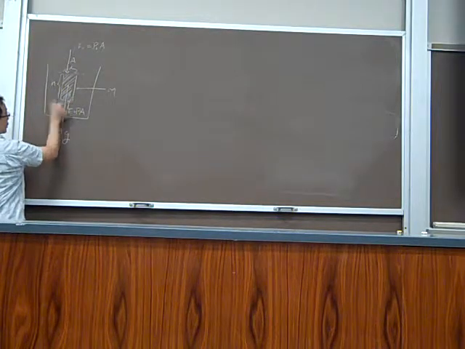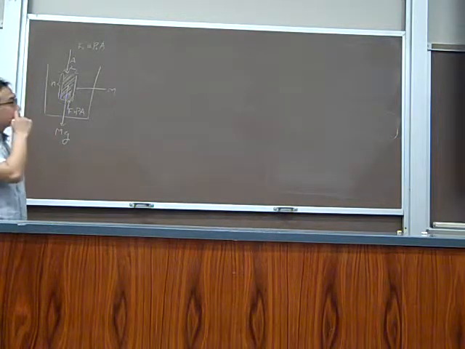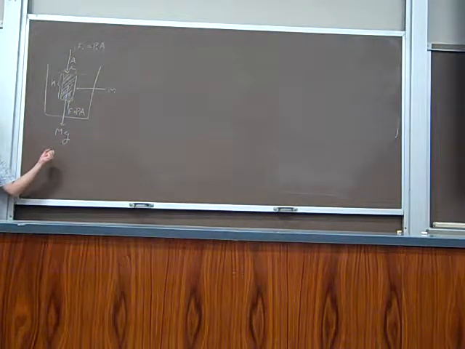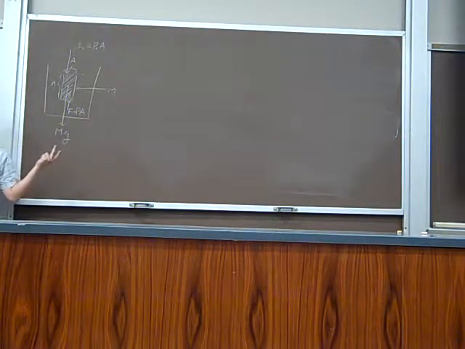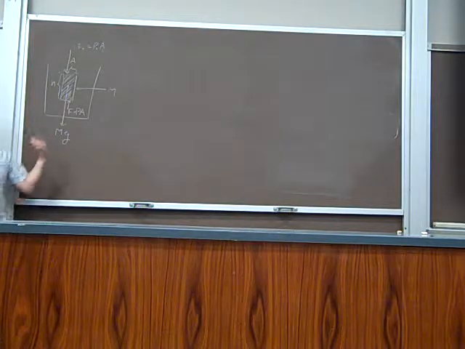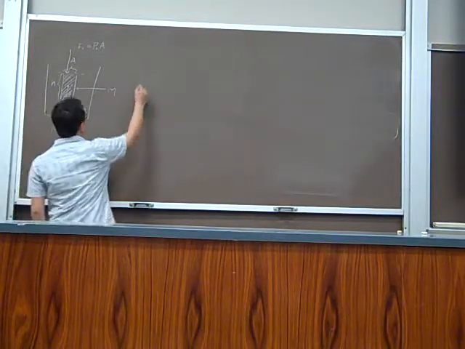Here, the cross-sectional area is also A. Any question here? That's a force analysis. The three forces together should give you 0, right? Why? Because it's in equilibrium. It's not moving. So all the forces together will give you 0.